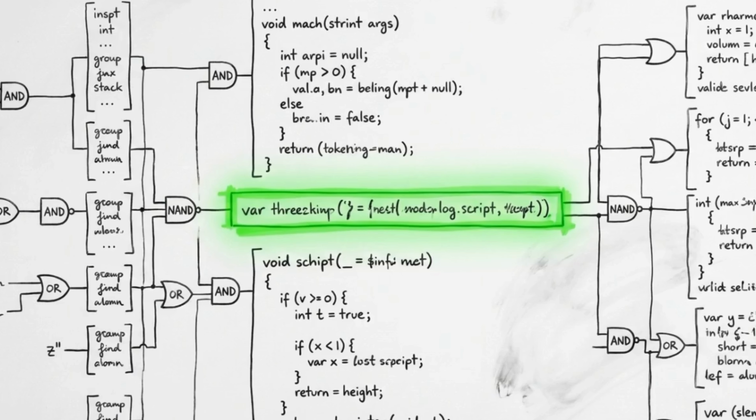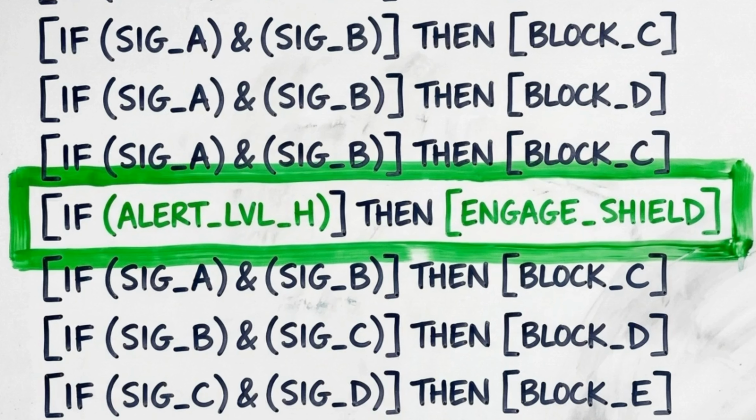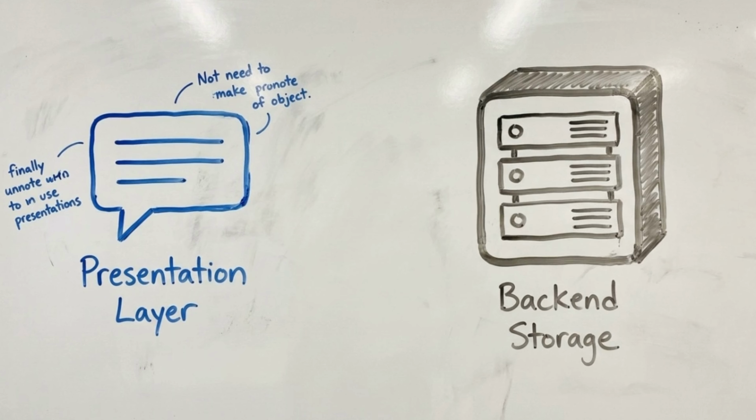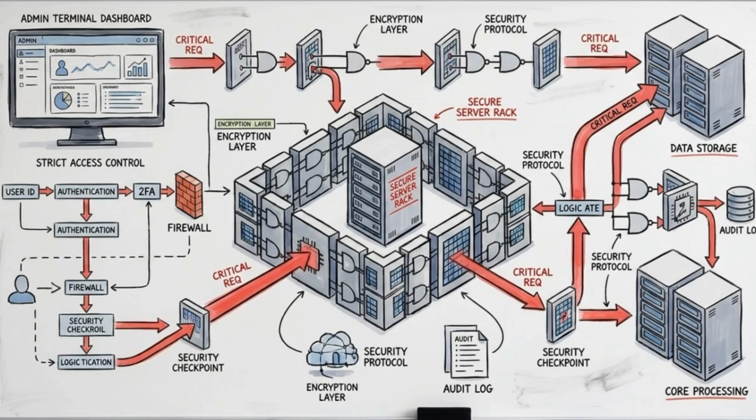This code snippet shows a pre-filter middleware function. It actively intercepts incoming user messages and automatically rejects known injection patterns, like "ignore previous instructions," before the language model even sees them. Secure AI deployment requires treating the language model strictly as a presentation layer. All critical decisions and data retrieval must happen in protected backend code.